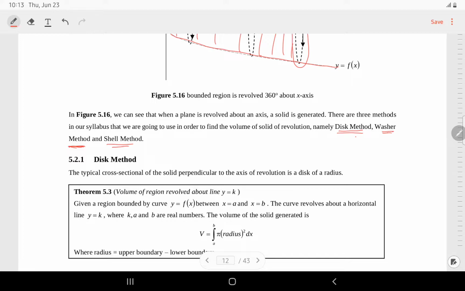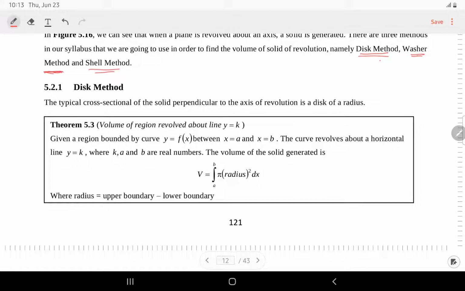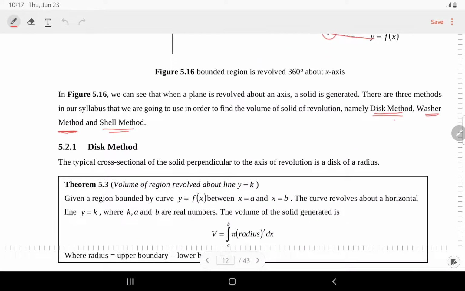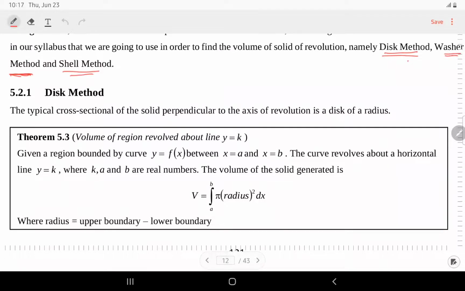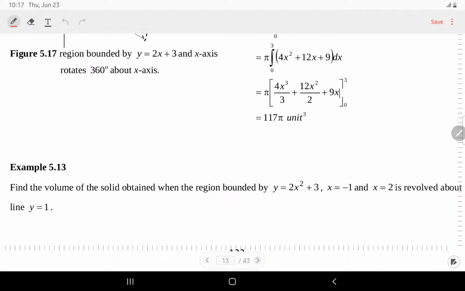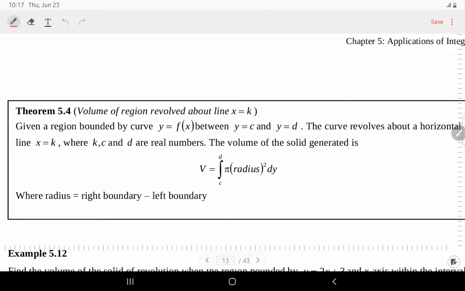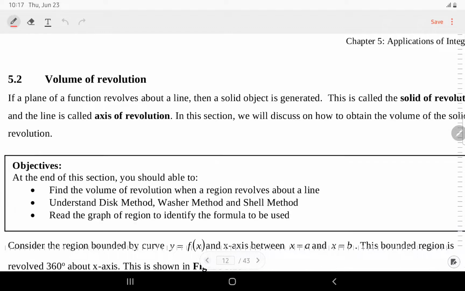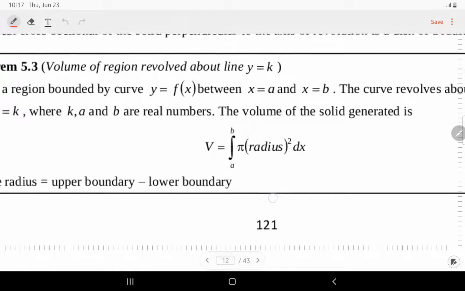So let's take a look at disk method first. As you see in this note, for this method we have two formulas that are stated in theorem 5.3 and also in theorem 5.4. So we have two different formulas in disk method. What is the difference between these two formulas?